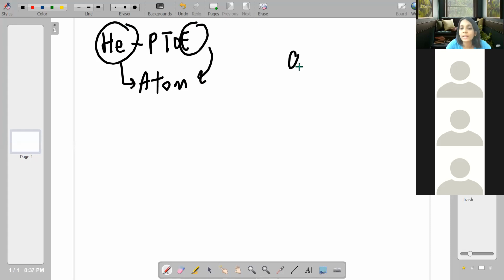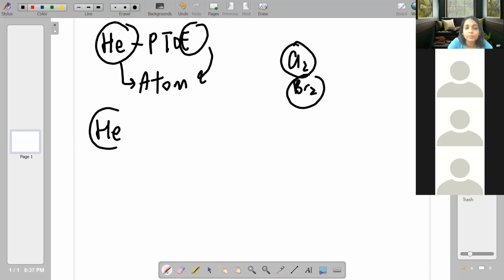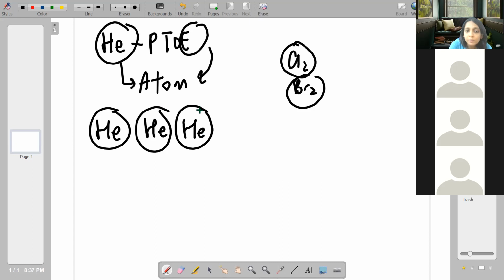Don't forget, like diatomic chlorine, bromine, all different, even though you see them in the periodic table, naturally they will exist as not one, so they cannot be an atom. So helium is just one atom, another atom, helium. And all of this helium is existing inside your aircraft.